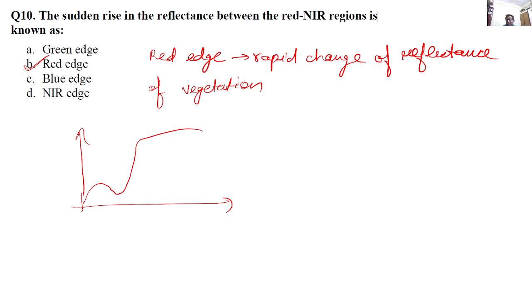And it is also a strategy by the plants to avoid the overheating. There is some certain amount of heating already which happens during the process of photosynthesis. So in order to avoid overheating, the cells act like mirrors. So whatever comes to them, they reflect back, and that is why the reflectance also increases suddenly within that range.